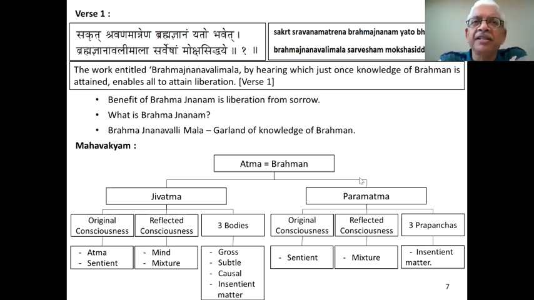Something has not changed in this me. When I say I am, there is something which has not changed. And in this is the ultimate truth which we need to discover. Brahma Jnanavalli is a garland. Mala means garland. Jnanavalli means a garland of knowledge about Brahman.